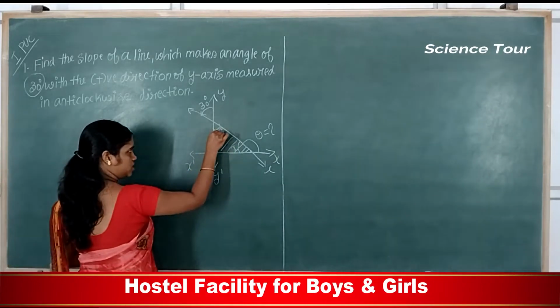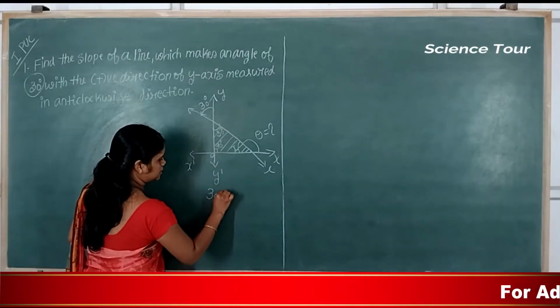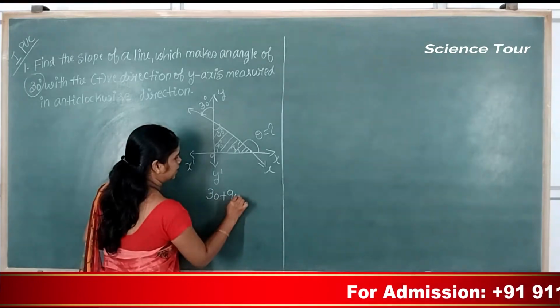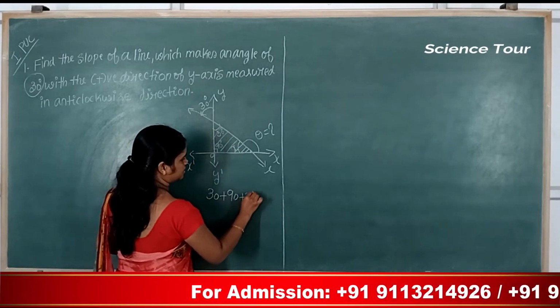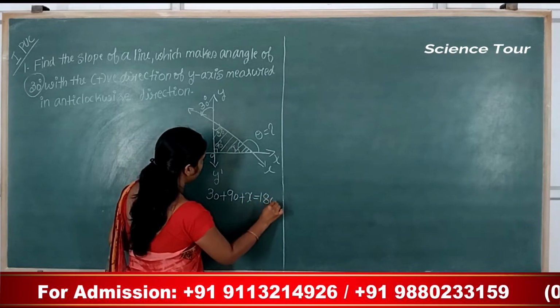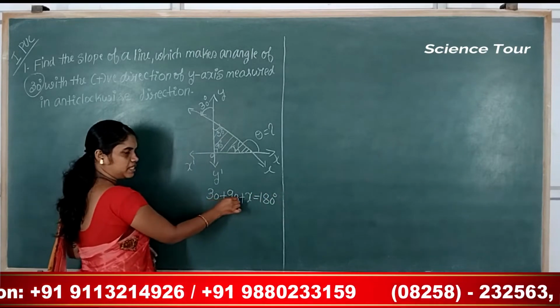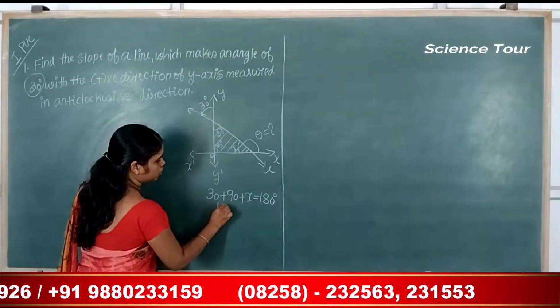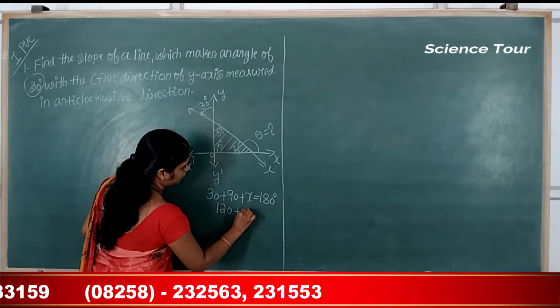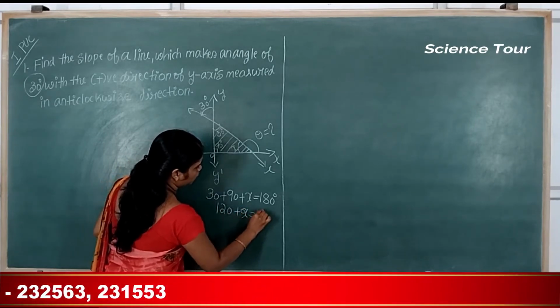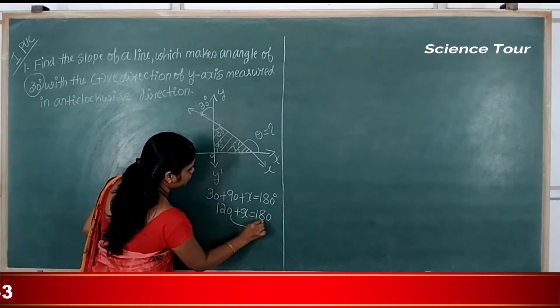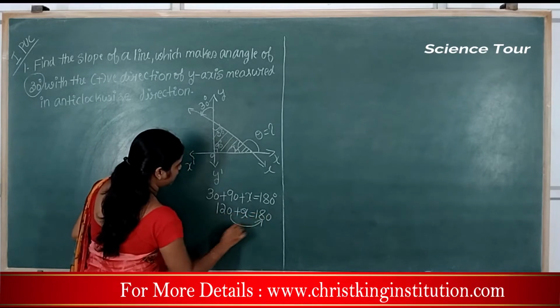So this is 30 plus this is 90 plus this is x, equal to 180 degree. 30 plus 90 is 120. So 120 plus x equal to 180.